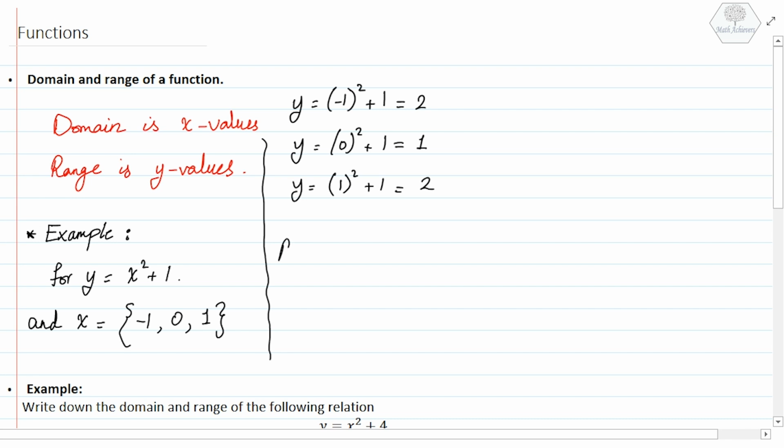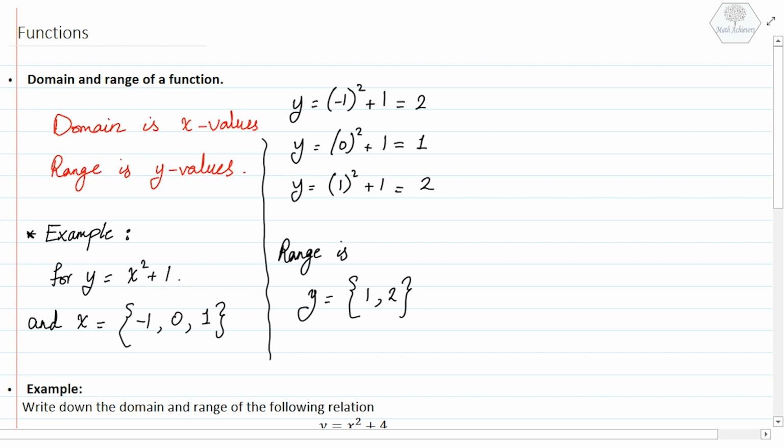So now, the range is y equal to the elements 1 and 2. In this example, I have the domain having the x elements which are -1, 0, and 1, and the range to be y having the elements 1 and 2.